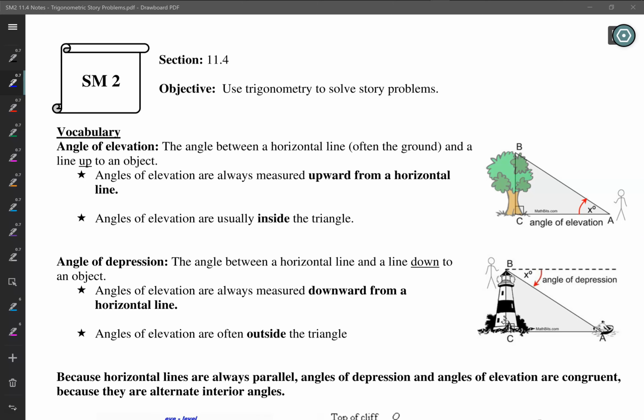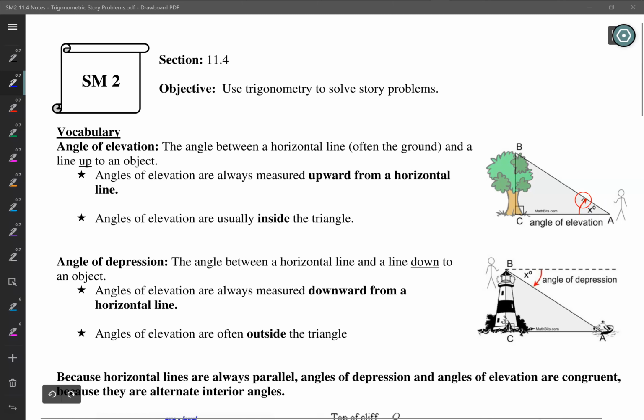The first one is angle of elevation. If you look at this diagram right here, this angle between the ground and the line of sight up to the top of the tree is called the angle of elevation.